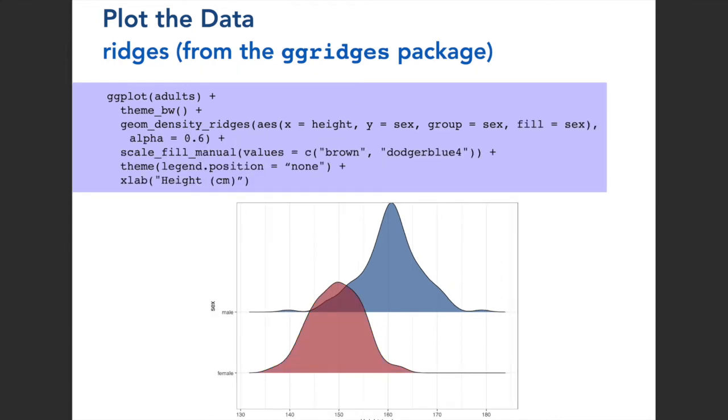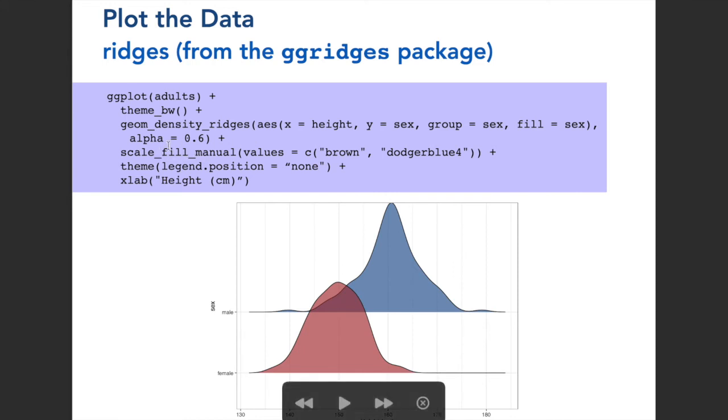If we want to get really fancy, we can change the color depending on what level of our categorical variable we're at. So here, all this is the same, except for now I've added this argument. The fill color for each histogram is going to be based on the sex. And then I don't want to use ggplot's default colors.